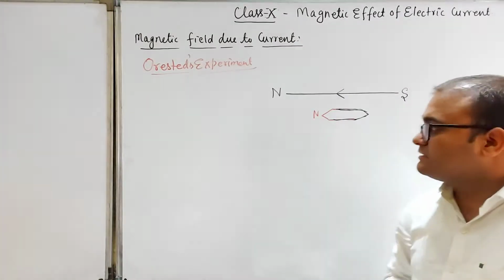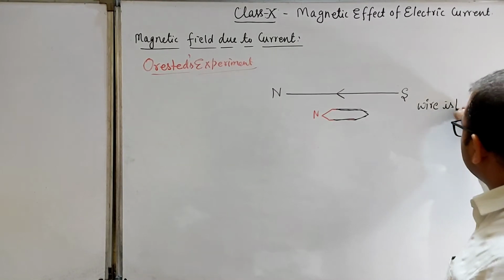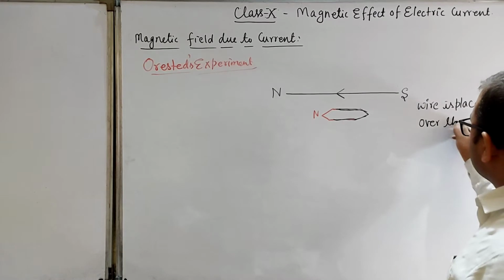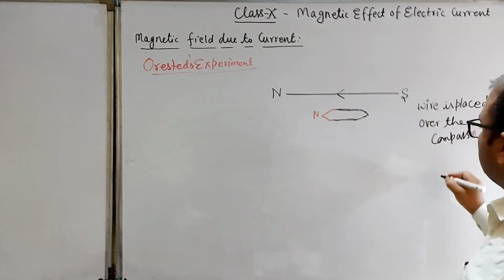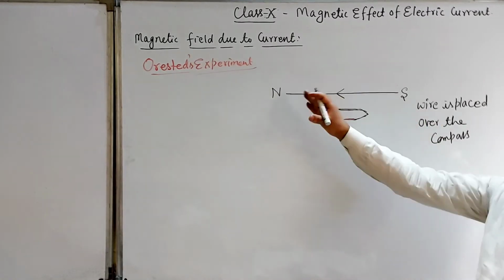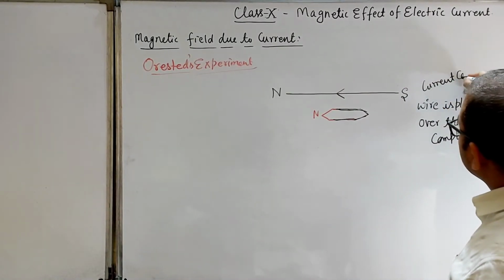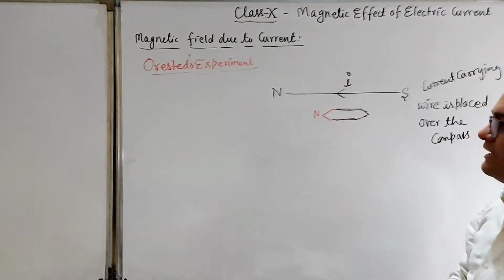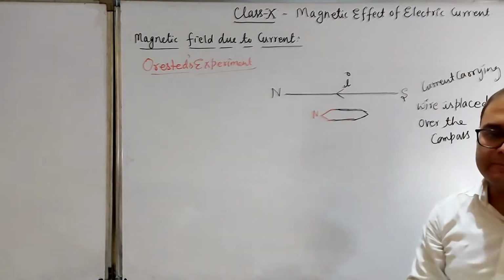And the condition here is that the current carrying wire is placed just over the compass needle. Then what happens?